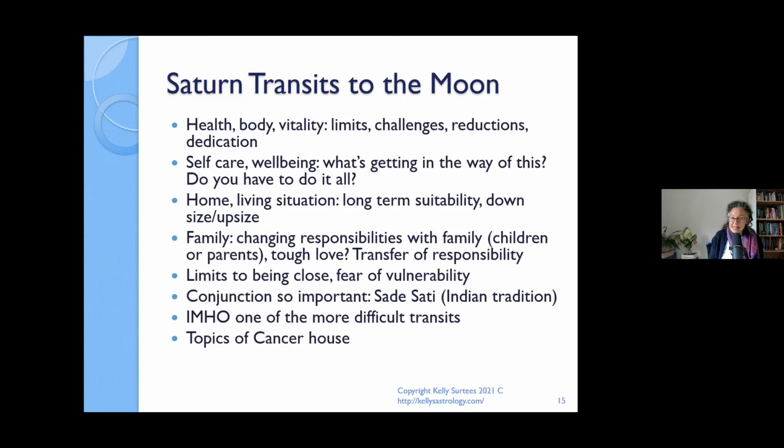It won't be easy. In my very humble opinion, in my work with clients, Saturn transiting the moon is one of the most difficult types of transits that we do have. And so I'm referring here to Saturn conjunct, square, or opposite the moon. It does tend to bring a very melancholy quality to our emotional being.